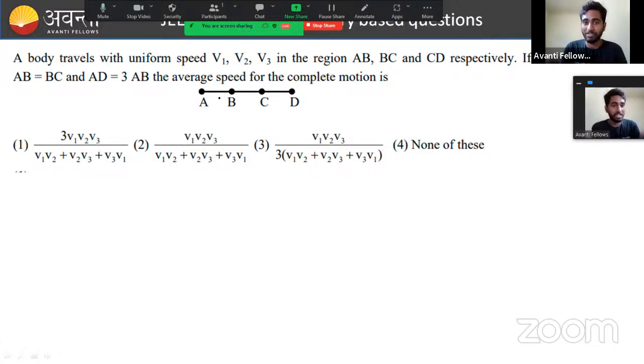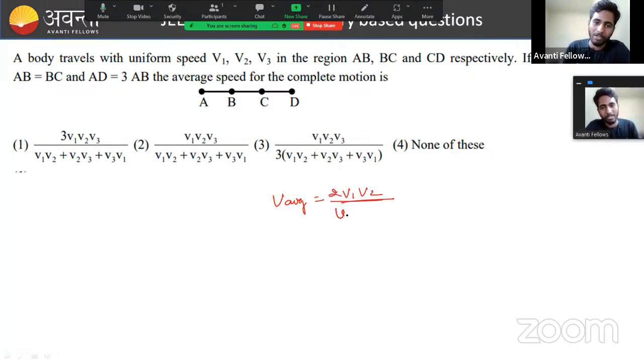Actually, average velocity for two distances, we'll write like this: average velocity will be equal to 2 v1 v2 divided by v1 plus v2.